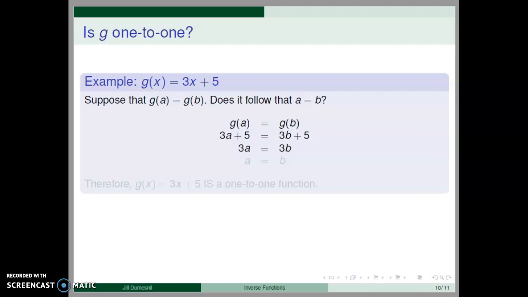Subtracting 5 from both sides yields that 3a equals 3b, and therefore a equals b. Hence, we can conclude that g of x equal 3x plus 5 is a one-to-one function. Alternately, you might think of a graphical explanation that g is a one-to-one function.